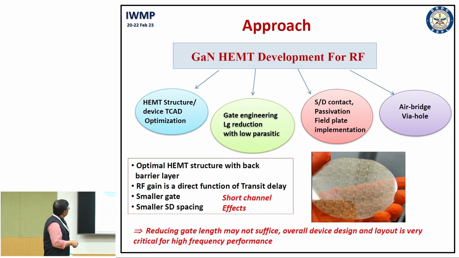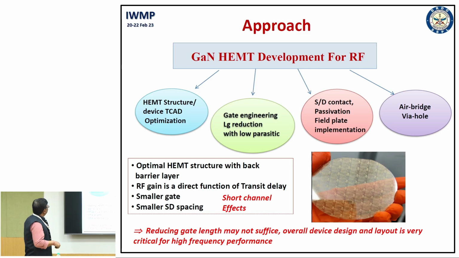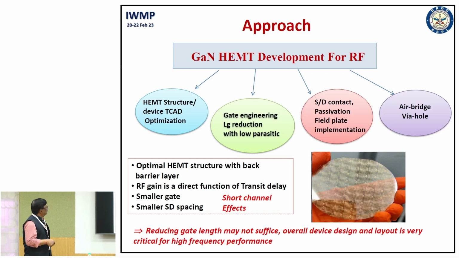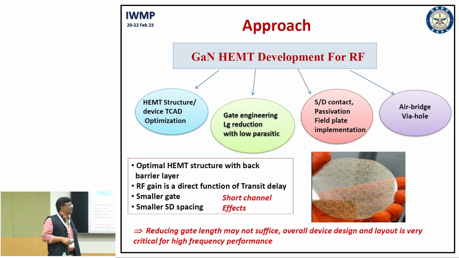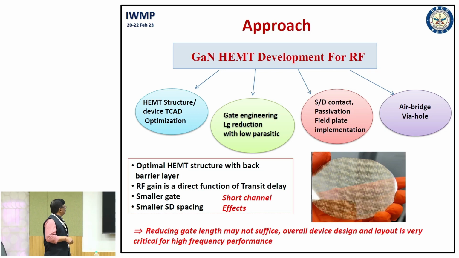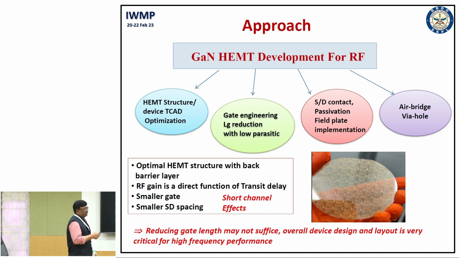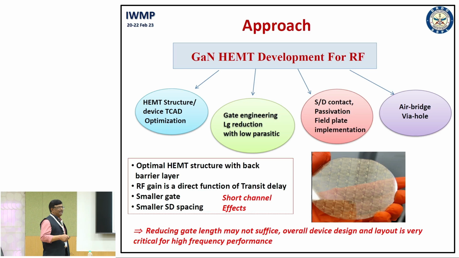So, the approach which we are following for RF HEMT is a concurrent approach, because there are several factors which are very important for the RF performance of a device. The HEMT structure, whether AlGaN/GaN or aluminum indium nitride GaN HEMT structure, is very critical.